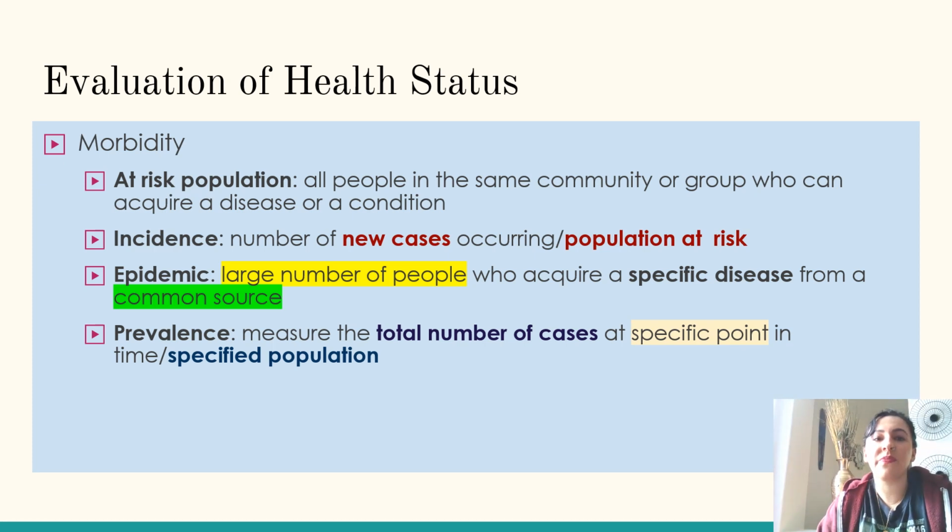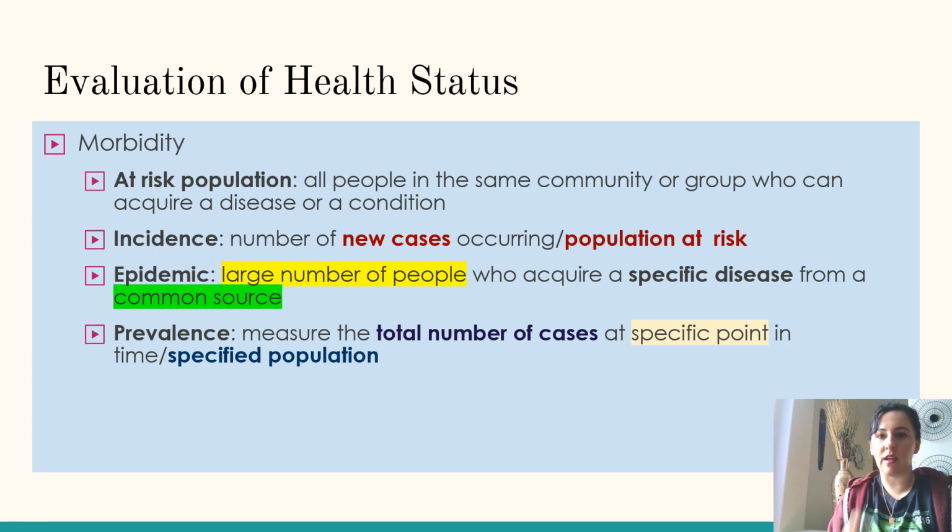So how do we measure morbidity? First of all, let's look at a couple of different terms. We want to look at the at-risk population, the population that is at risk of contracting any kind of disease.